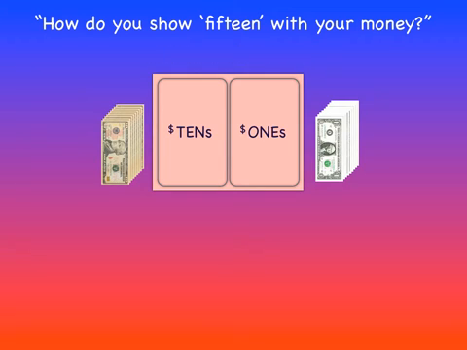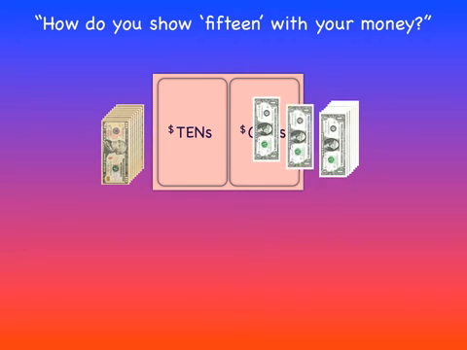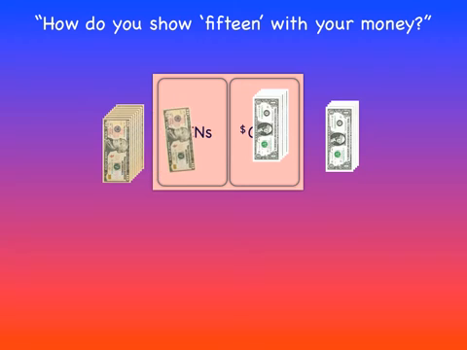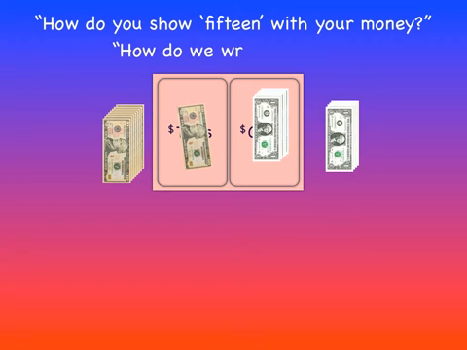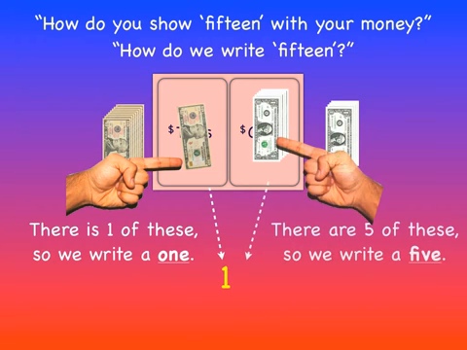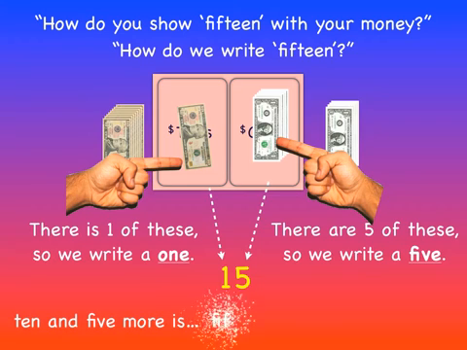Well, we'll need a bunch of ones. How many? 1, 2, 3, 4, 5 ones. And we'll need a 10. How do we write 15? Well, there's one of these, so we write a 1. And there's 5 of these, so we write a 5. 10 and 5 more is 15.